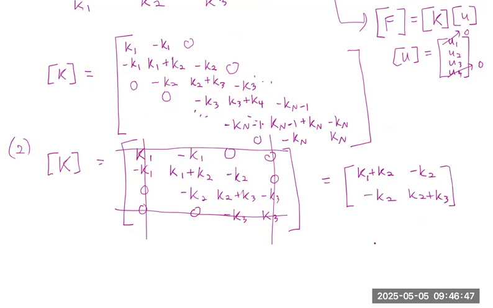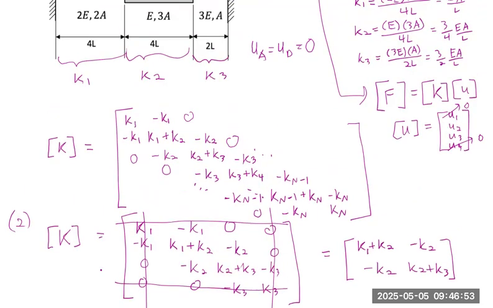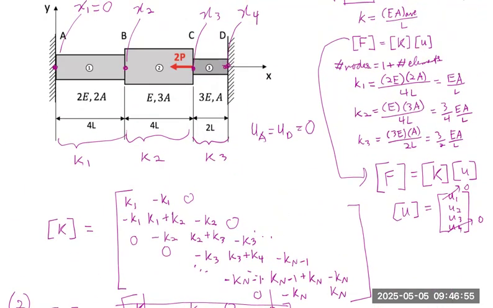And we can now plug in our coefficients for K1 and K2. Note that K1, K2, and K3 are expressed in terms of EA over L: K1 is EA over L times 1, K2 is EA over L times 3 over 4, and K3 is EA over L times 3 over 2.